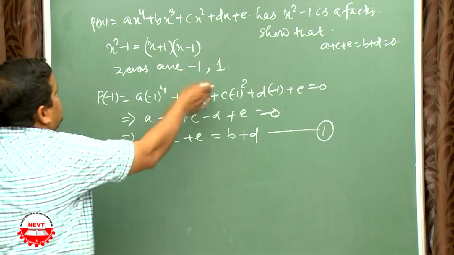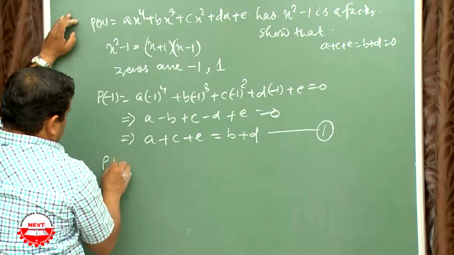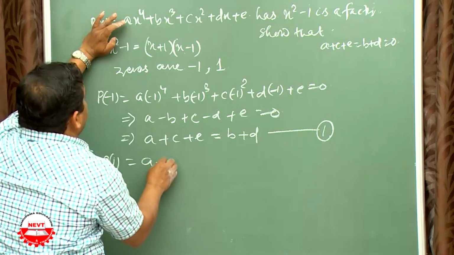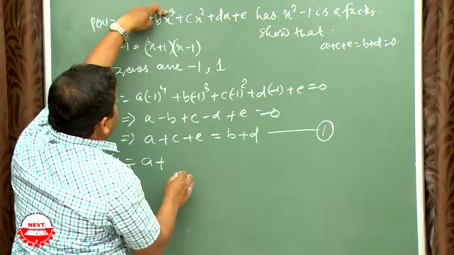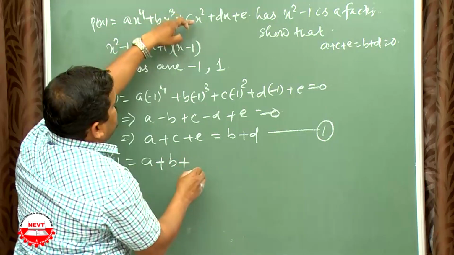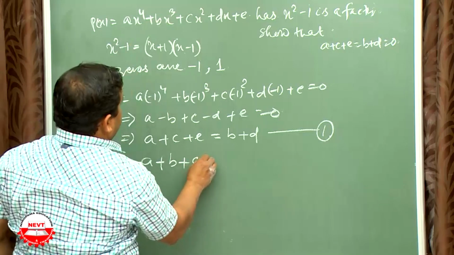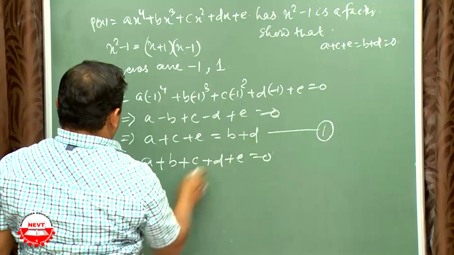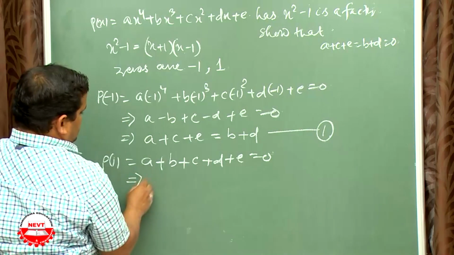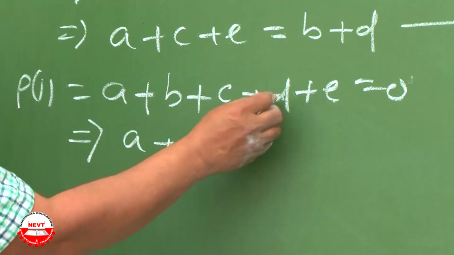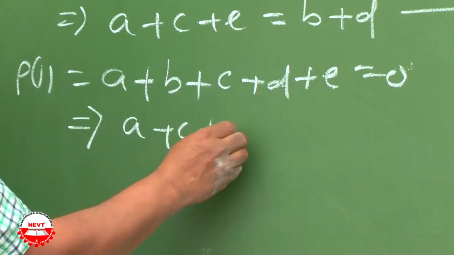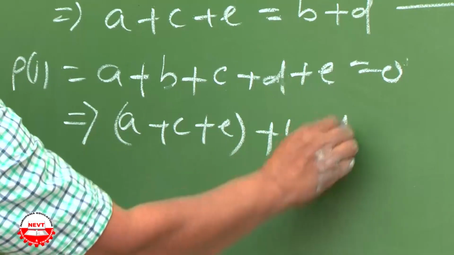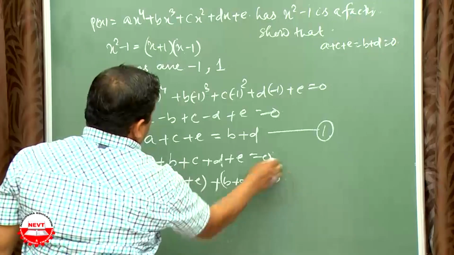Then p(1) is how much? a into 1 to the 4 is 1, so a plus b into 1 cube is 1, that is b, plus c into 1 square is 1, c, plus d into 1 is d, plus e is equal to 0, or a plus, grouping this, c plus e plus b plus d is equal to 0.